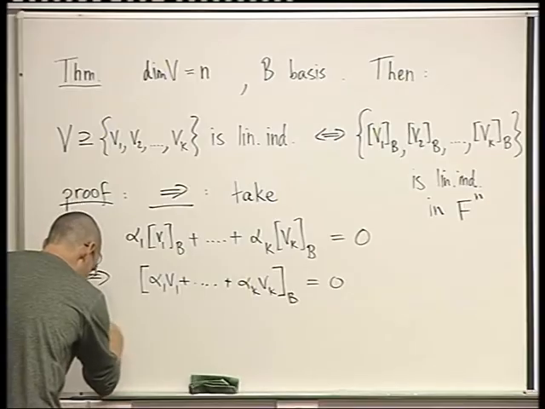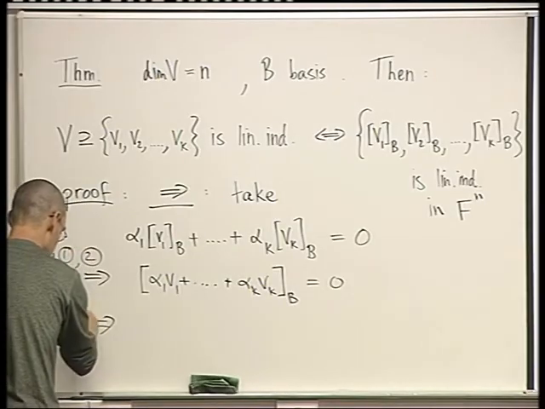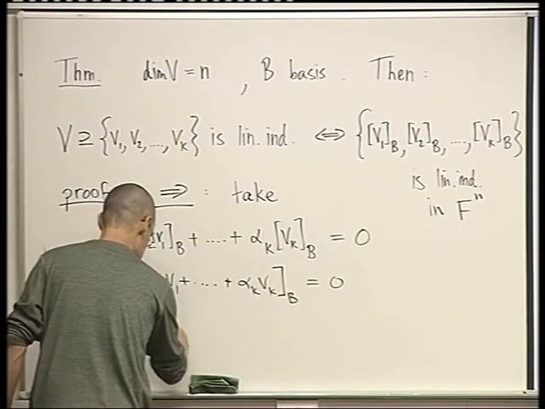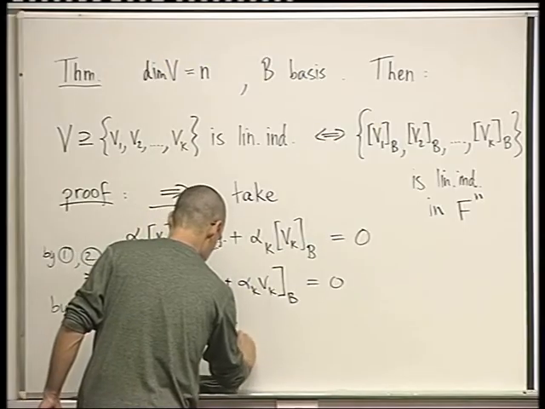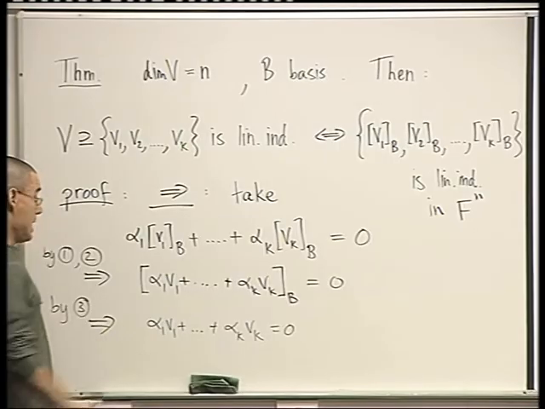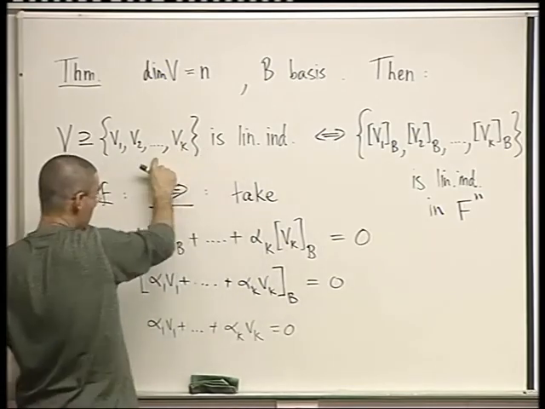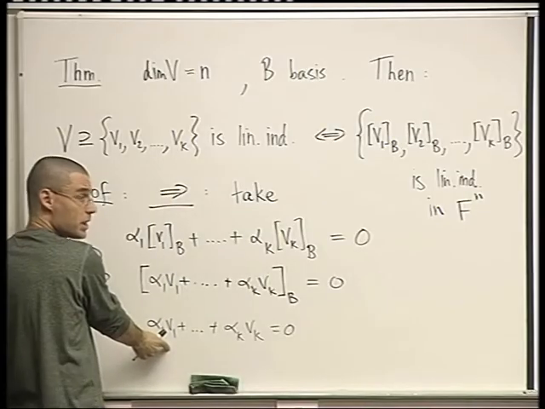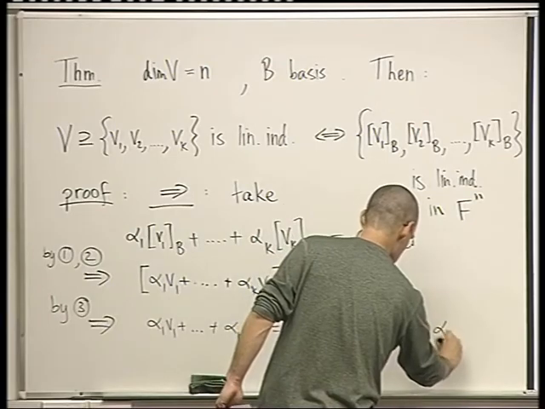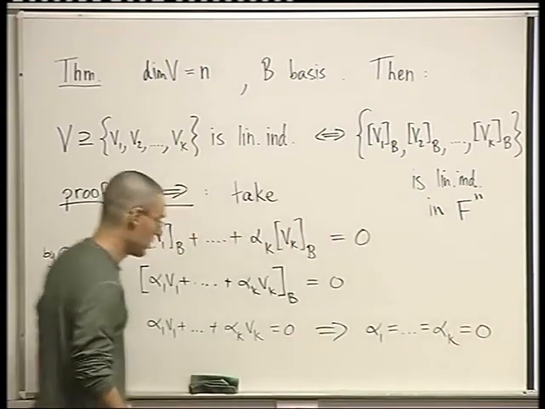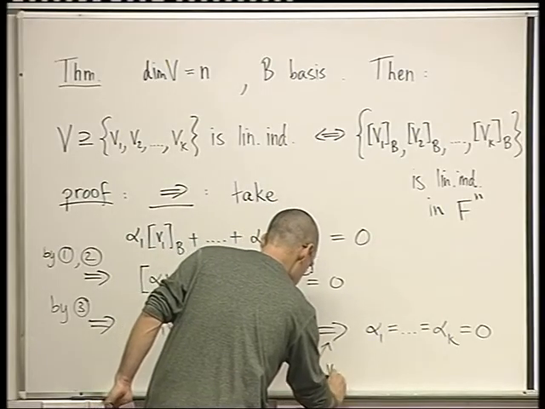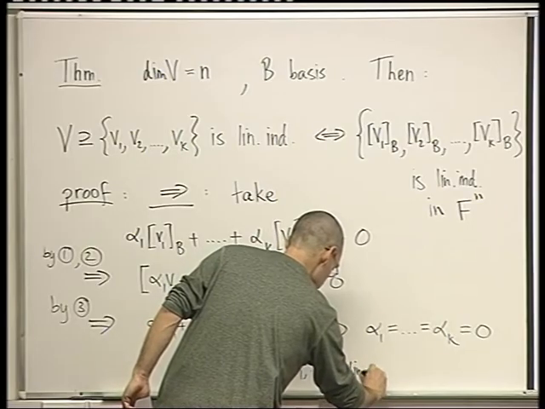But then by part 3, if a coordinate vector is 0, then the vector itself is 0. And since we started with a linearly independent set, this implies alpha 1 through alpha k are all 0, since v1 through vk are linearly independent.